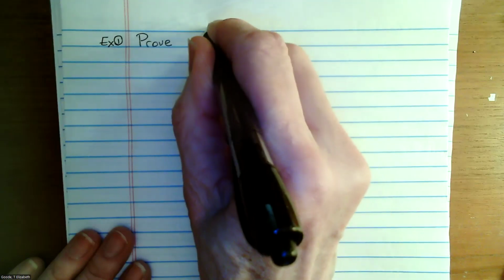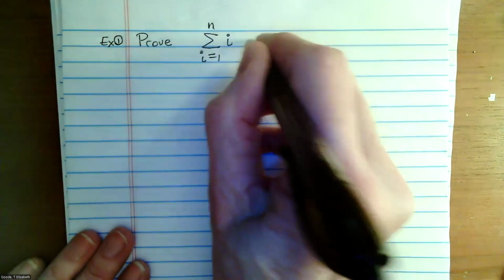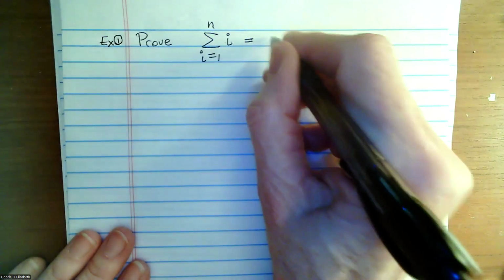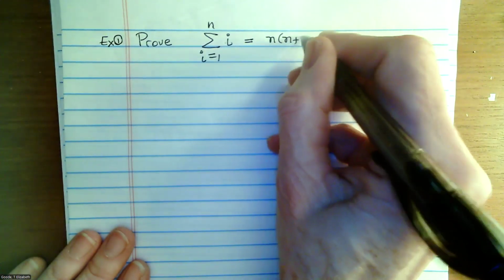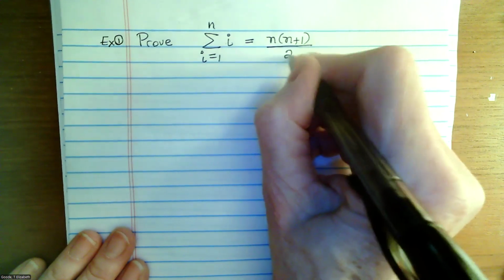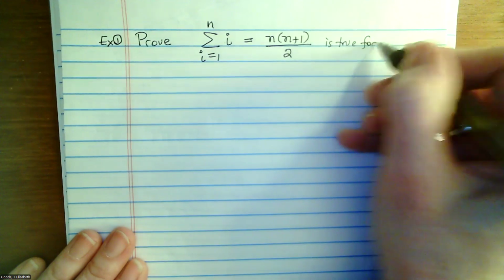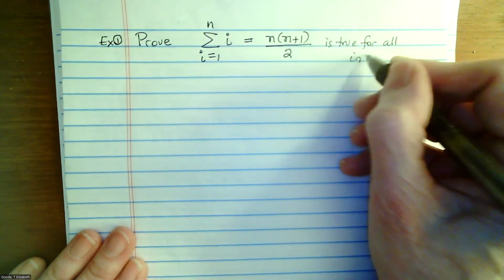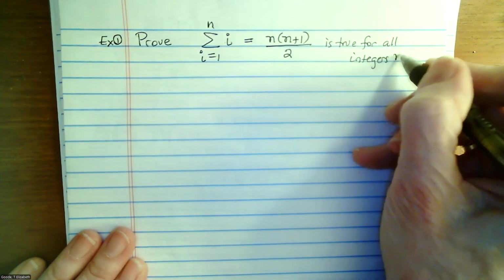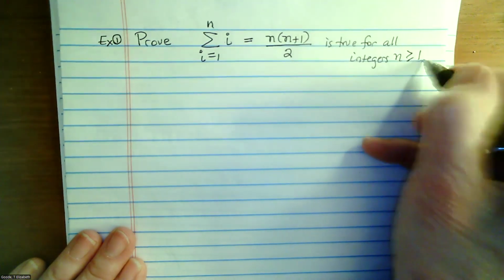Prove that the sum from i equals 1 to n of the expression i is equal to n times n plus 1 whole thing over 2 is true for all integers n greater than or equal to 1.